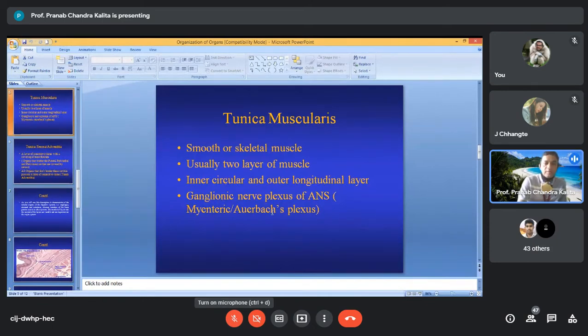What is the name of the ganglionic nerve plexus of the ANS found in the Tunica submucosa? Yes, Meissner's plexus. This is always a question. The submucosa is also called the submucosal nerve plexus.